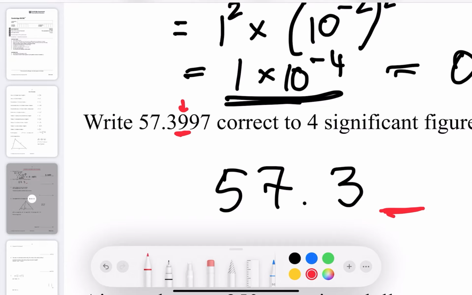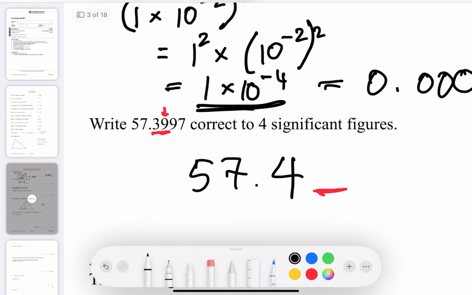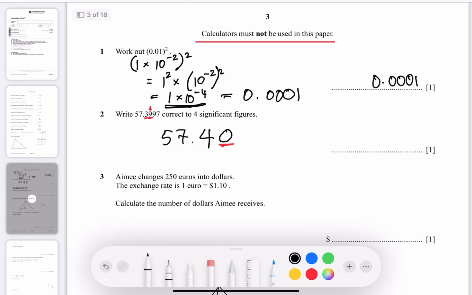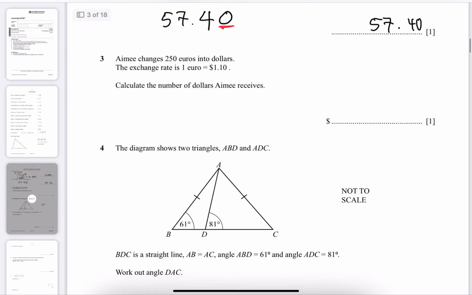So if it's greater than 5, you increase 3 by 1. So this changes to 4. And then the 9, you also increase that by 1, so 57.40. So you're rounding up to 4 significant figures. So 57.40. That's the first 2 questions done.